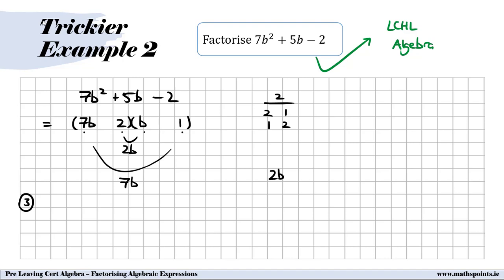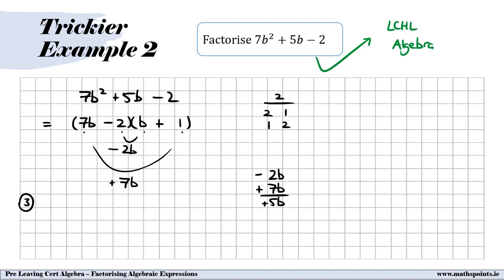So I'll write down 2b and 7b and then plus 5b. And the question is, how do I combine these terms to make a plus 5b? So if I have plus 7 minus 2, that will give me plus 5. So the inner terms is a minus 2b and the outer terms is a plus 7b. So plus 7 minus 2 will give me plus 5b.